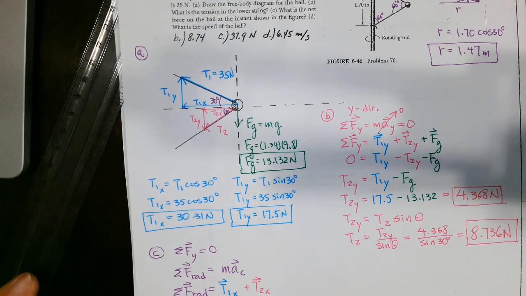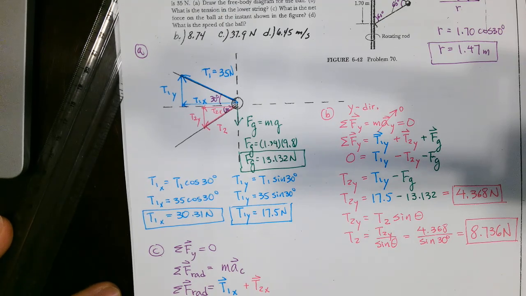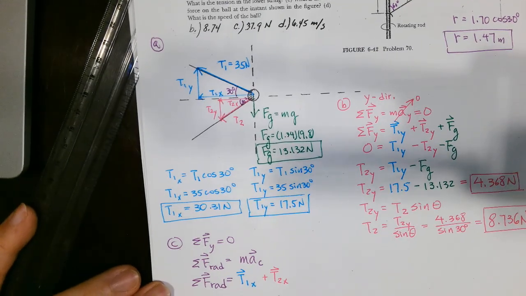So my net radial force is equal to 37.9 newtons. Of course, the direction is radially inward. And that's the only net force. This is the total force. I should say total, since net is redundant.